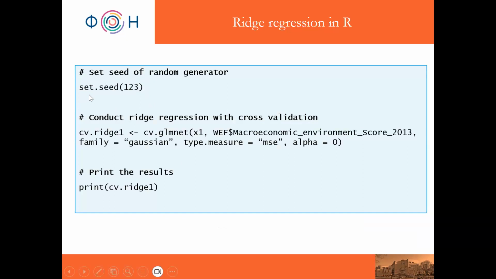For example, here we used set.seed 1, 2, 3. Anytime you want to reproduce the same results, the same folds, and so on, you need to use the same seed.